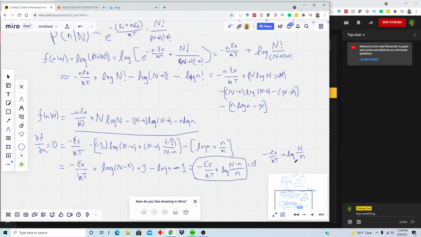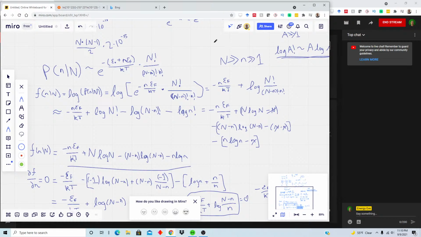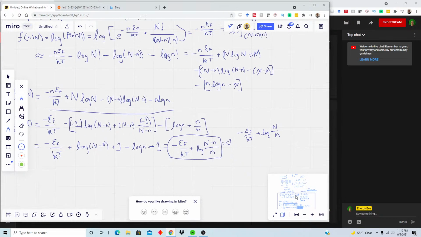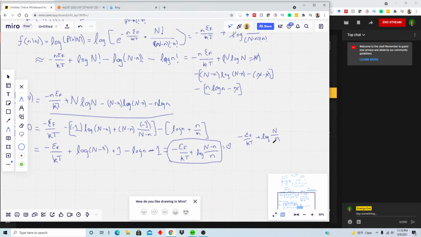I don't know if he made an approximation where n minus little n is just equal to big N. It's possible because remember we made this assumption big N is bigger than n. And it might be fine. So this is what they got. This is what we got.